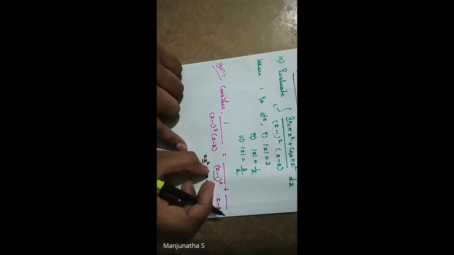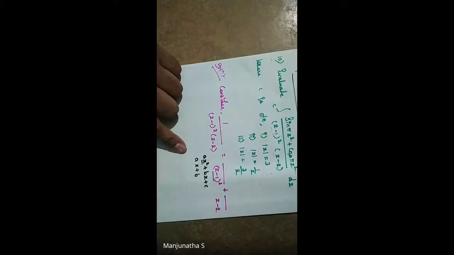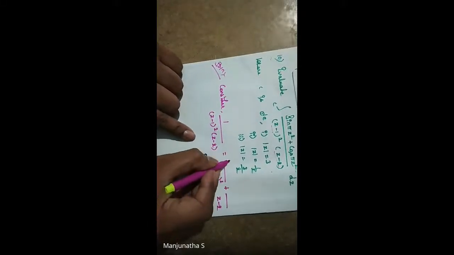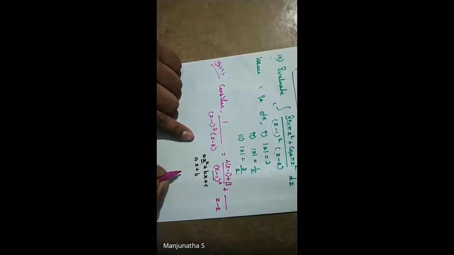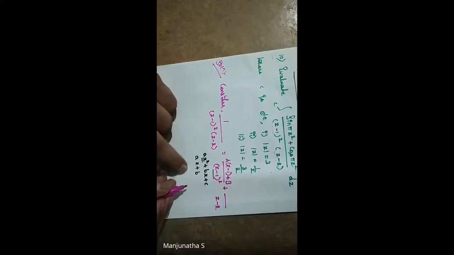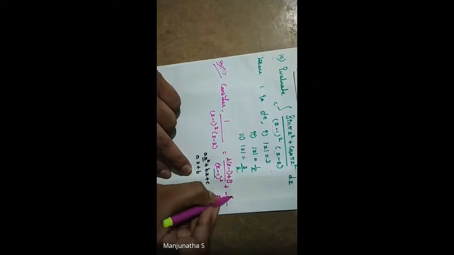Since it is quadratic, in the numerator we'll write linear form, a x plus b. So in the place of x, what we have? z minus 1. So it is a into z minus 1 plus b. So this is how we need to take. Plus, already 2 constants we took, so one more constant is there, that is c, so c divided by z minus 2.